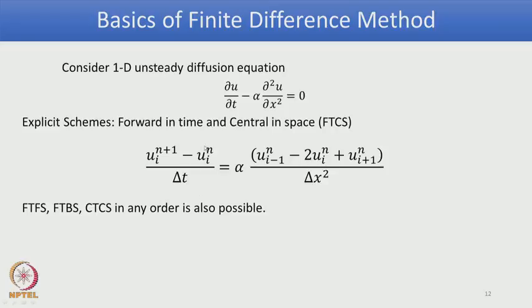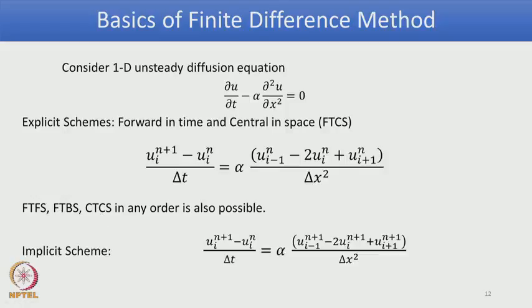I have explained all this by following one finite difference form, that is forward in time and central in space. You can also write expressions based on forward in time, forward in space; forward in time, backward in space; central in time and central in space.